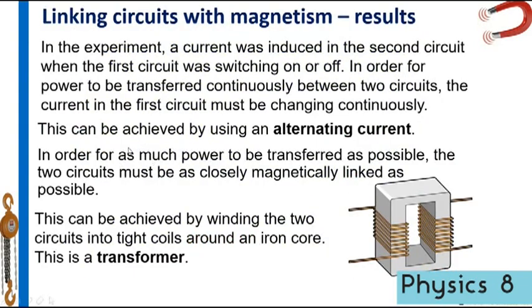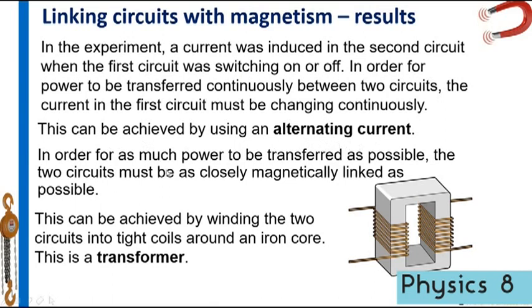So going back to our explanation, what we can say is that in order for power to be transferred continuously between the two circuits, the current in the first circuit must be changing continuously, and this can be achieved by using an alternating current.